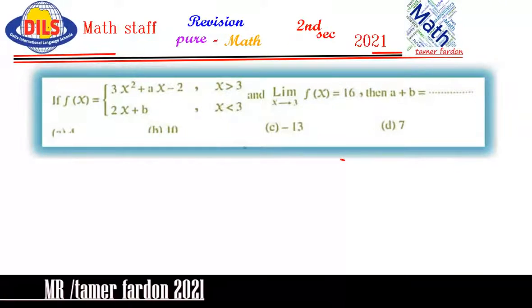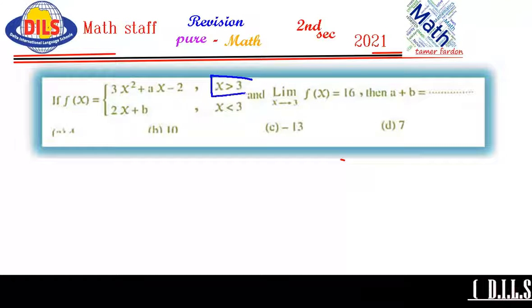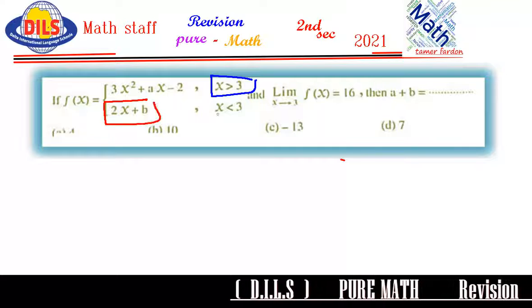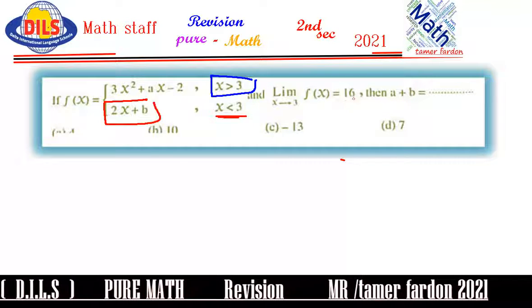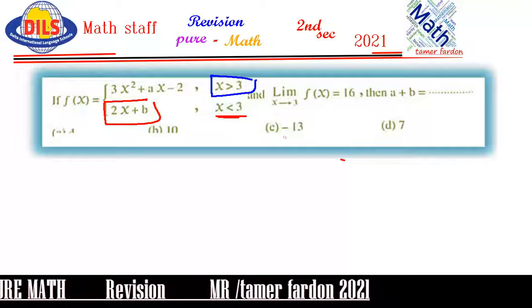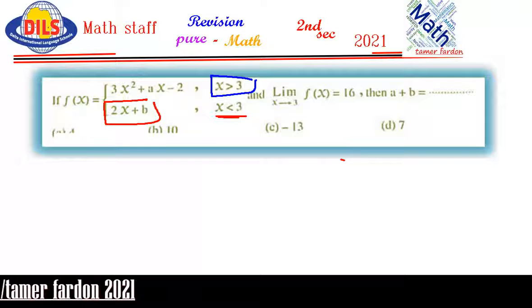The next: f of x equals 3x power 2 plus ax minus 2 when x is greater than 3, and equals 2x plus b when x is less than 3. If the limit of f of x equals 16 when x tends to 3, then what is a plus b?